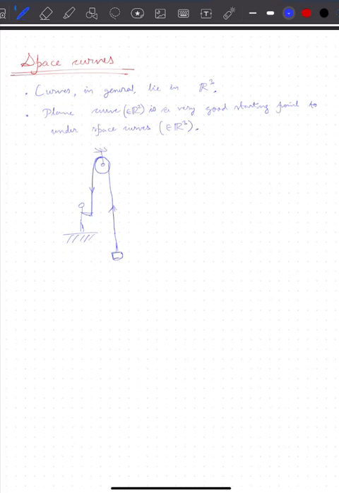So when you look at this curve from the side, of course it is a planar curve, right? This is just an example of a physical body.